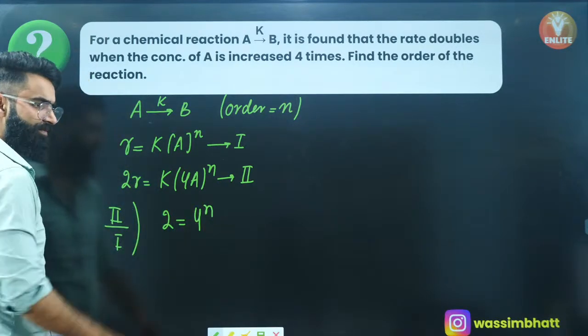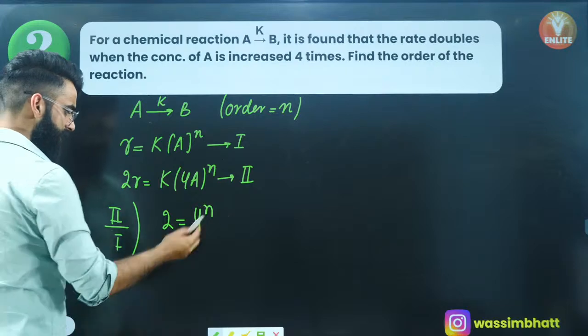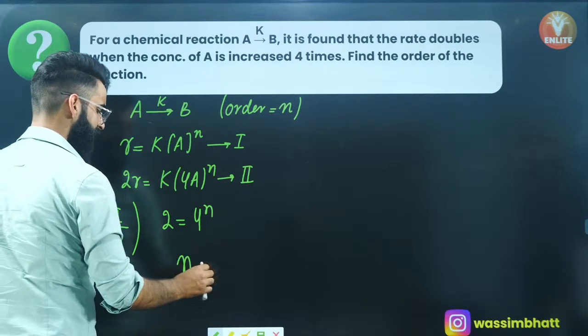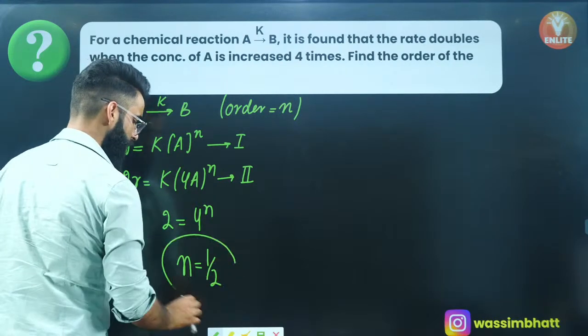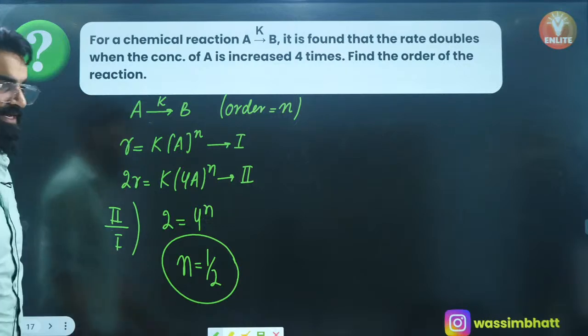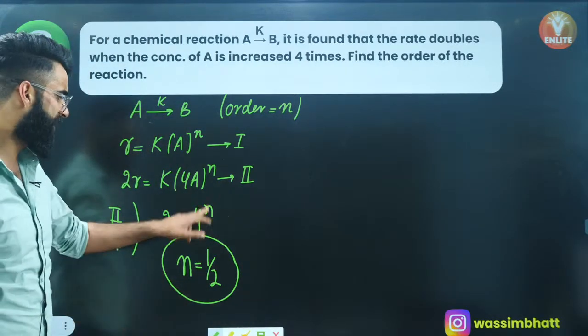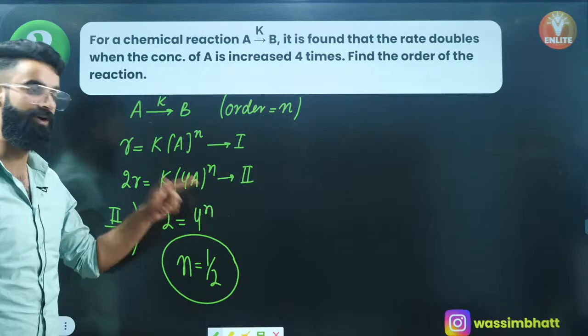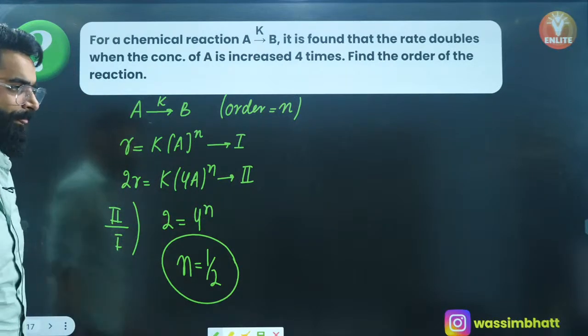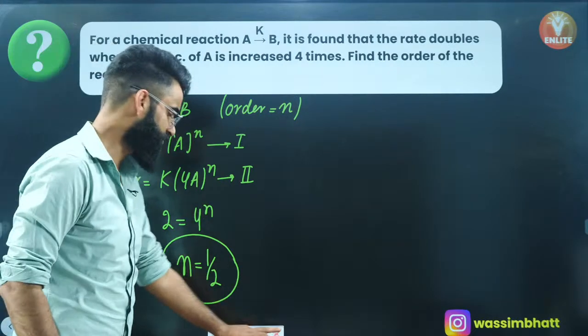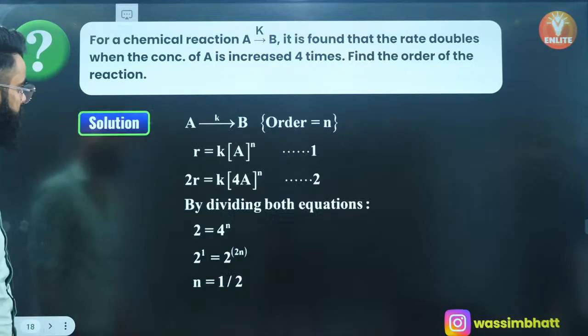This is something which you get when you divide these two equations, right? So from here, you can clearly say n value should be equal to 1 by 2. And what was n? N was the order of the reaction. So you got the order of reaction exactly as 1 by 2. That's all. 4 raised power n is equal to 2. So the power of n has to be 1 by 2. That's it, right? Simple. I'm sure you can solve these sort of questions easily from now onwards.